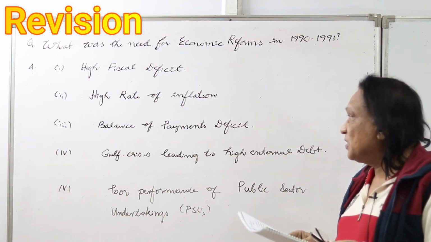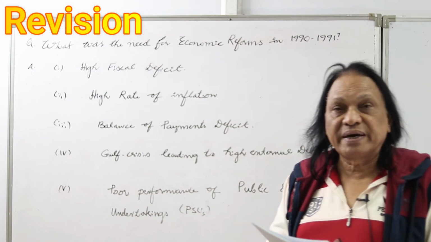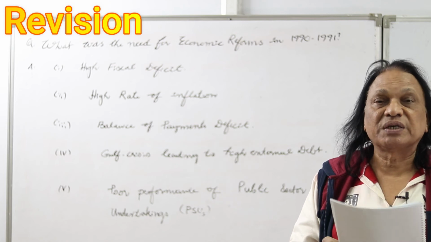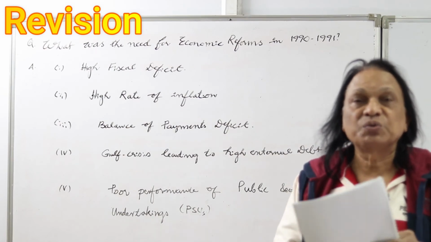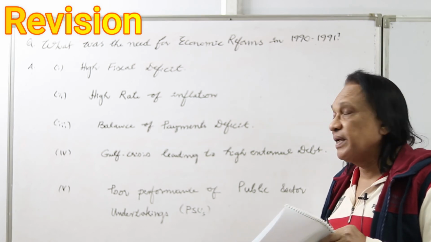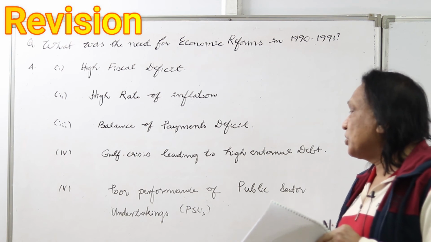If the fiscal deficit is very high, the country will become dependent on other countries because of its borrowings. That's why they introduced new economic reforms. High rate of inflation, something like 16.8%, is too high. That also led to economic reforms.